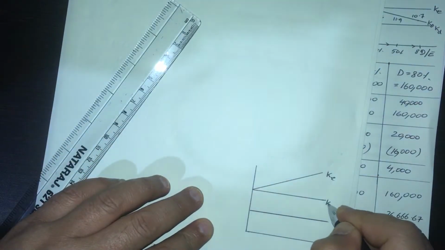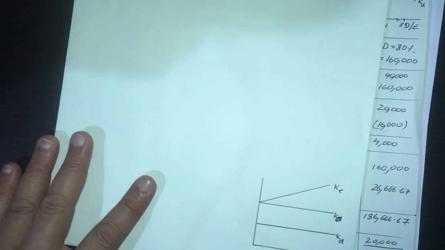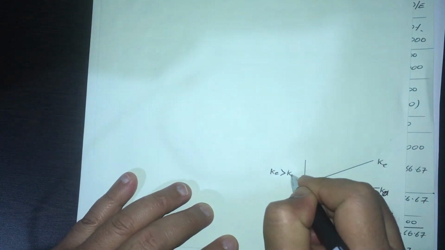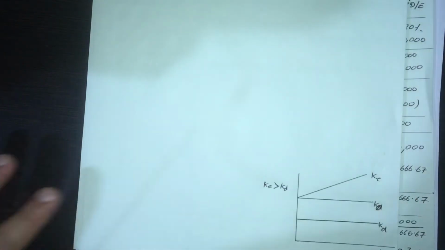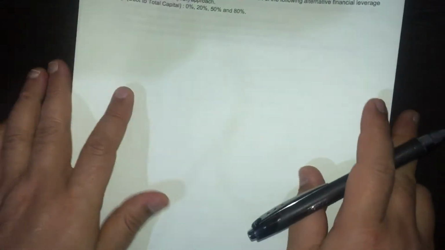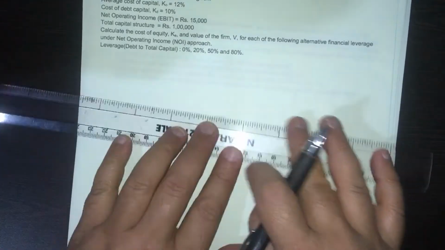This is KE, this is KO and this is KD. Always remember, KE is always greater than KD. Always remember that. Now let's calculate, let's find out the equity earnings.